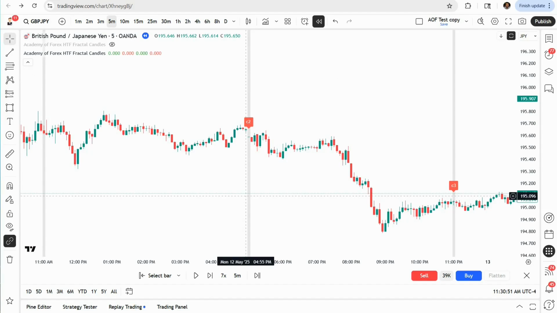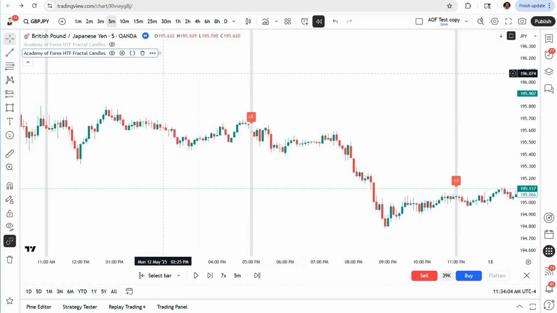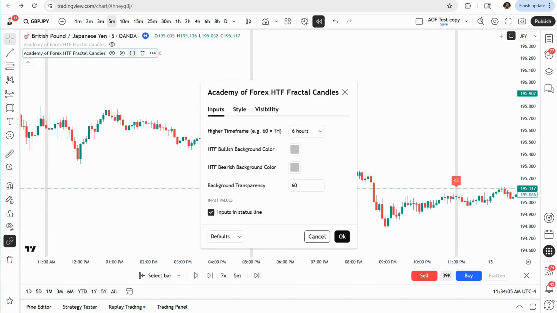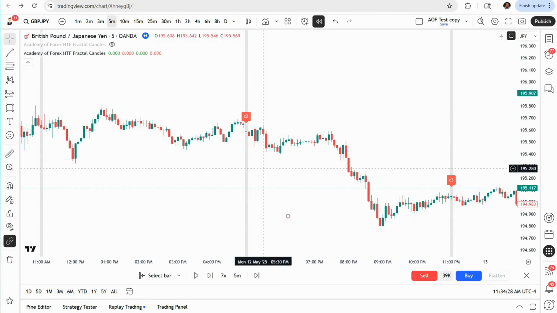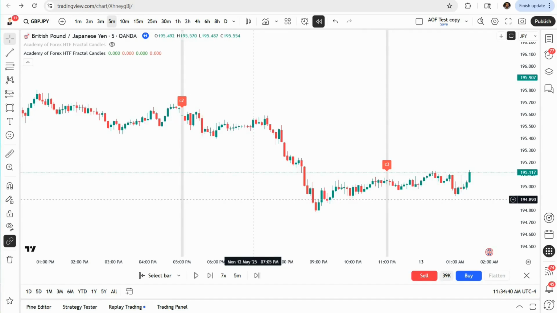If you have not already seen it, I'd like to introduce you to the newest indicator here at the Academy of Forex. It's a very simple but very powerful indicator. What it does is it helps to predict or anticipate what future price might be doing within a specific future time frame. To do this, we are aligning a higher time frame and specific candle formations, which make up the red and green tags as well as the blocked out period of time in between these two gray lines. This indicator can be used to enhance the win rate of existing strategies or indicators you may be using.